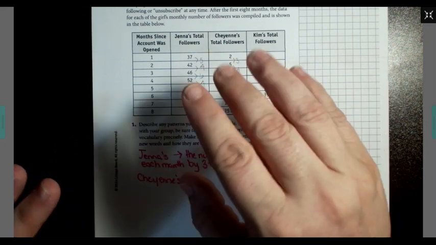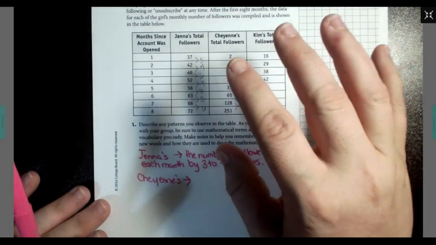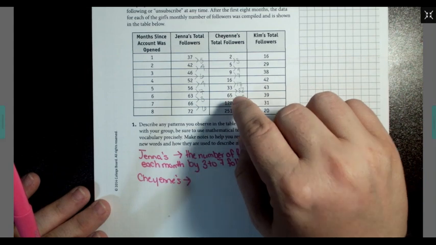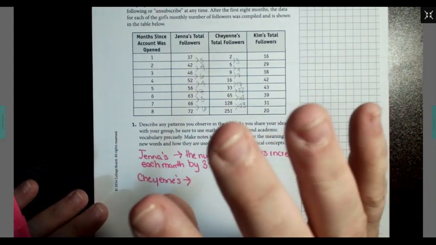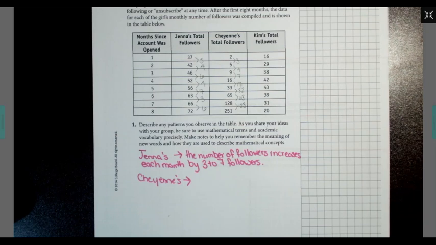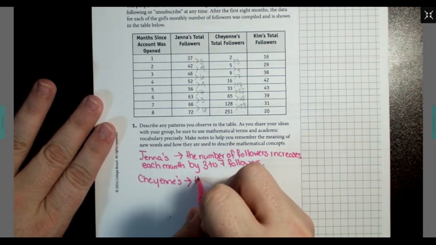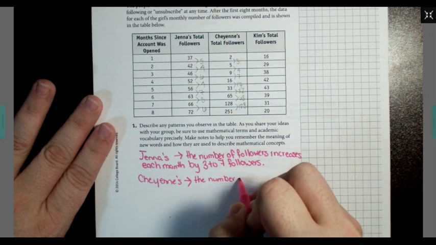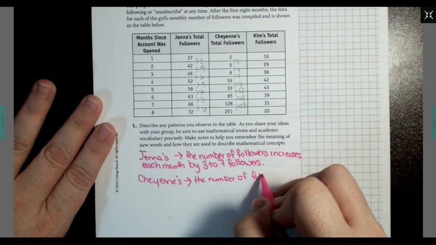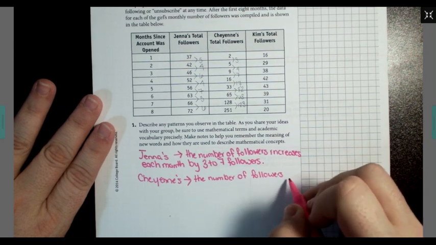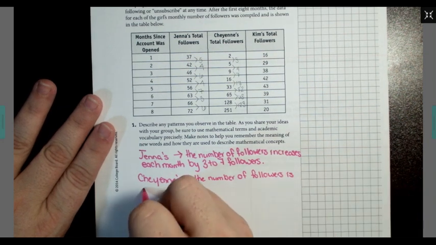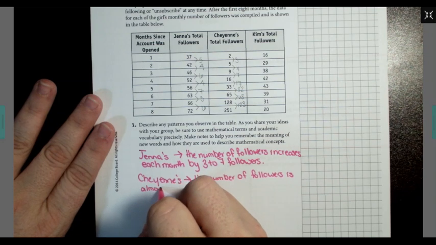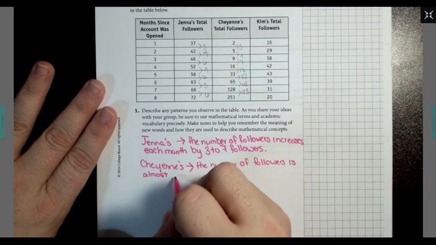And here we have approximately about 260. It seems to me like these are almost doubling each month. So the number of followers is almost doubling each month.